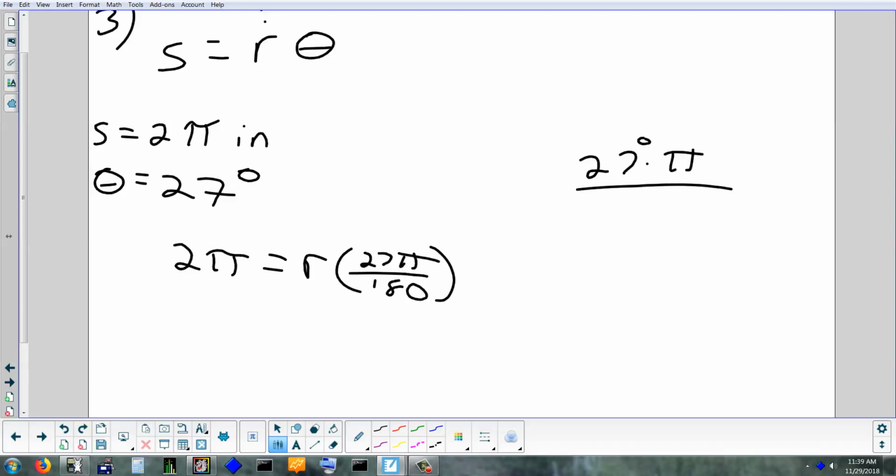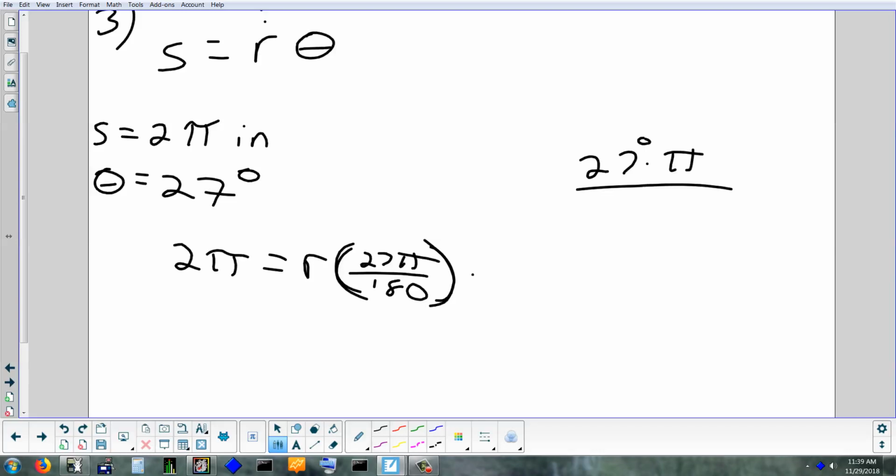27 is a little bit of a messy number. You could reduce here if you wanted by 3. I'm not really worried about it. I just want to get everything that's in parentheses on the other side. So what could I multiply by to move all that stuff to the other side? Yep, the reciprocal.